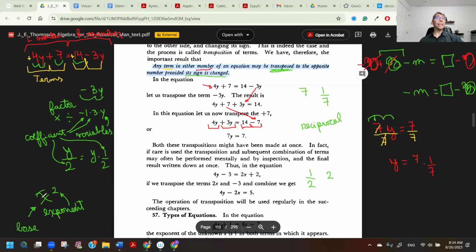The base could be an expression. So I could have y plus 2, all in parentheses, to the second power. So the whole thing is now the base. The whole expression y plus 2 is the base for that.